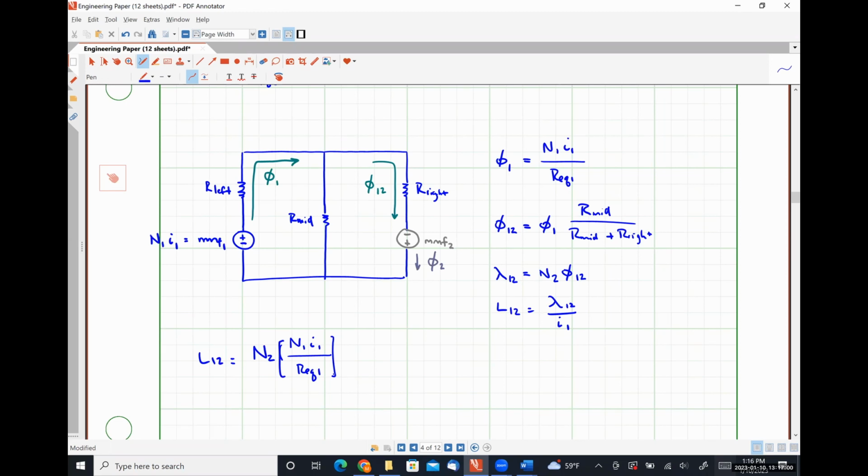And then I have to multiply by R mid over R mid plus R right.